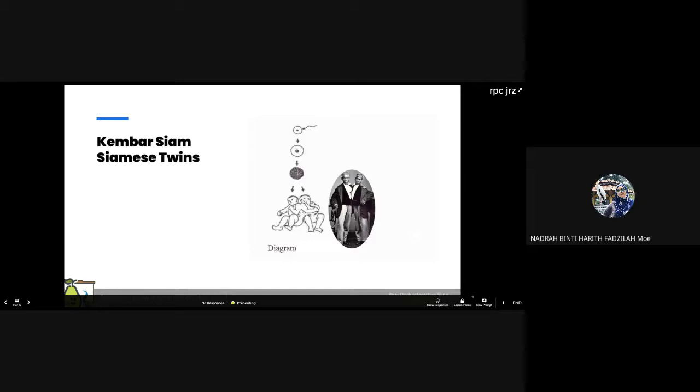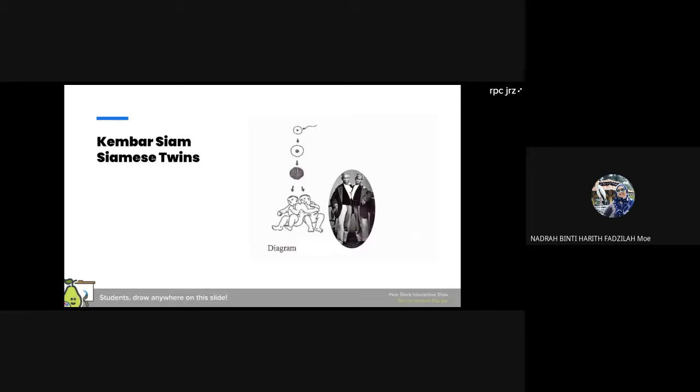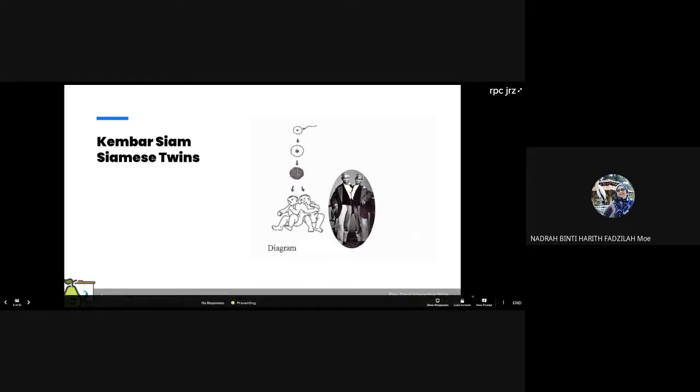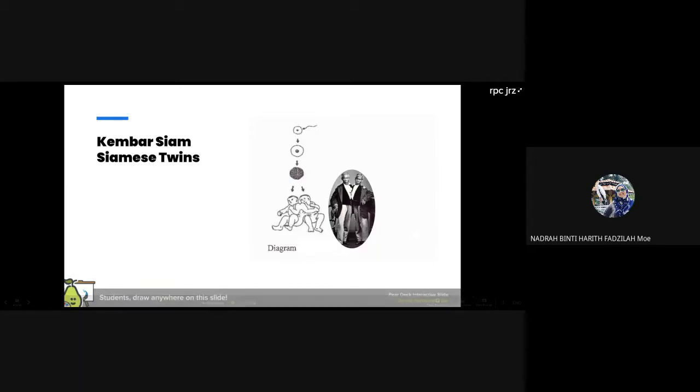So due to the incomplete separation of zygote, the part where the separation does not occur, the individuals have to share an organ. So the separation surgery between the twins is possible if the organs shared are not critical organs lah. Tapi kalau dia melibatkan kawasan brain, kawasan yang kompleks, susah sikit lah untuk buat separation tu.